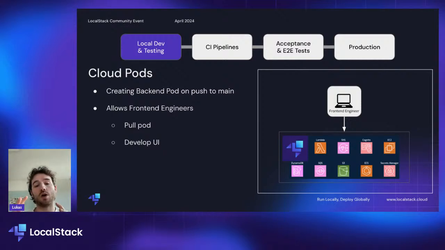For our backend, we take a snapshot of the state, which is the whole infrastructure that's deployed. Our frontend engineers can just pull that pod, deploy it onto LocalStack, and focus on developing the UI. They do not have to set up the backend repository on their machine, install dependencies, or do anything. All they have to do is start LocalStack with the pod, and they can develop the UI against the backend that's already running on LocalStack.